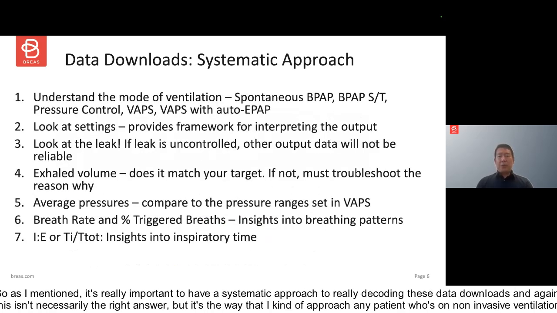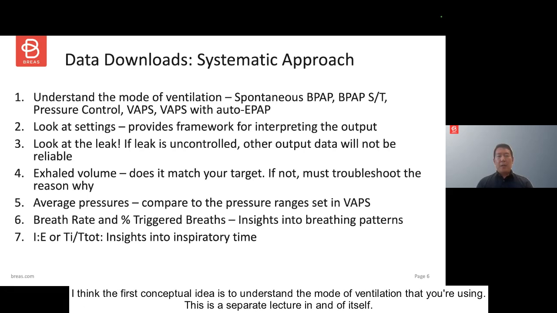As I mentioned, it's really important to have a systematic approach to decoding these data downloads. Again, this isn't necessarily the right answer, but it's the way I approach any patient who's on non-invasive ventilation. The first conceptual idea is to understand the mode of ventilation that you're using.